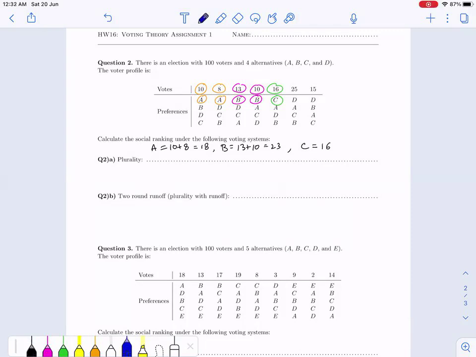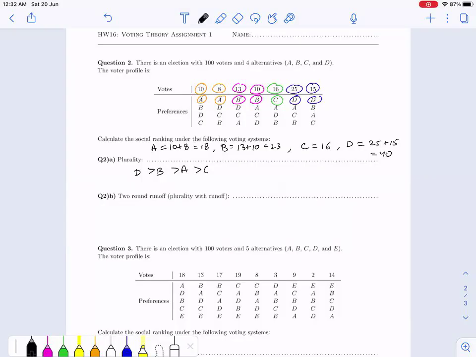And finally, let's look at D. We have 25 plus 15 people voting D as their top choice. So clearly, D has the most top votes, followed by B, followed by A, followed by C. So this would be the rank under the plurality voting system.